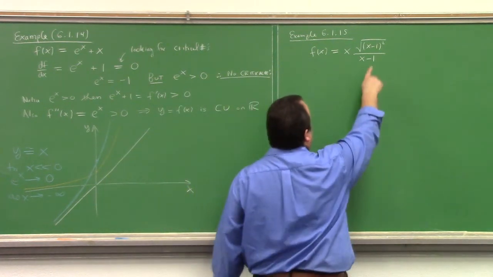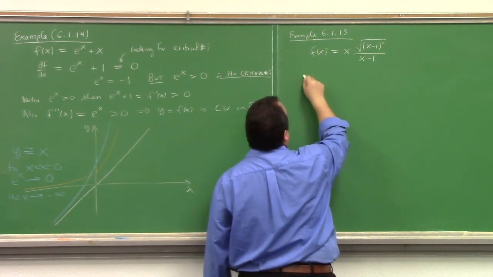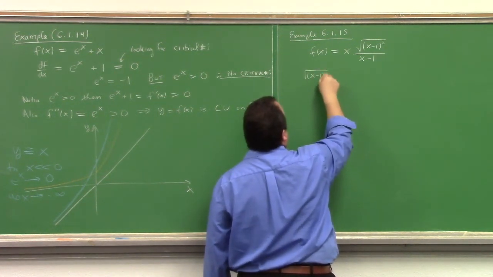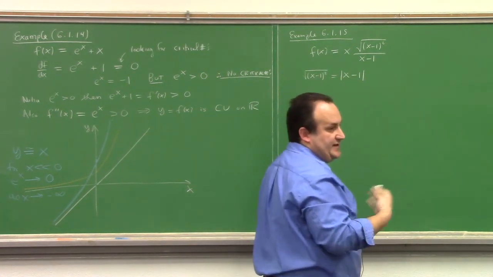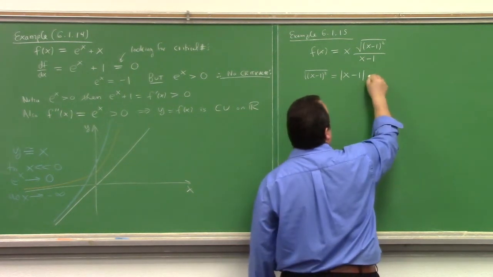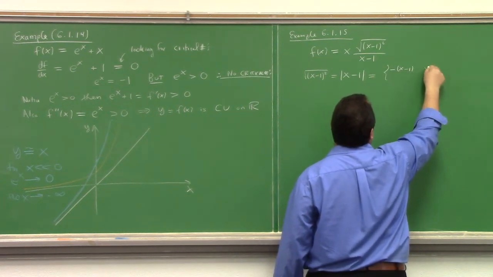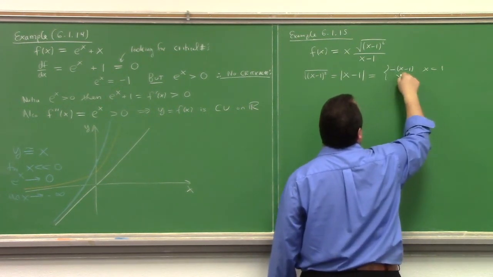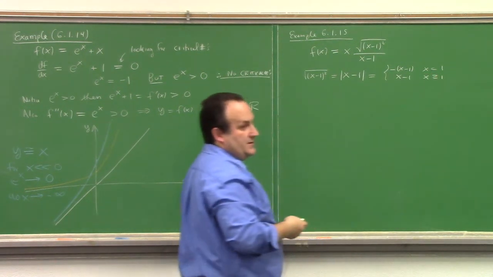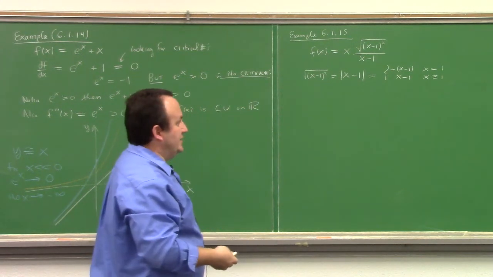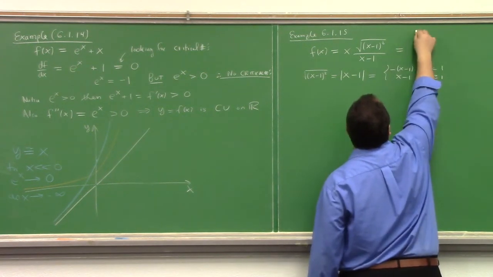Let me point out that the square root of x minus 1 squared is the absolute value of x minus 1. And that's a case-wise defined function, so that's equal to minus x minus 1 if x is less than 1, and it's equal to x minus 1 if x is greater than or equal to 1. So with that observation in mind, you can see that this f of x is actually a case-wise defined function, right?